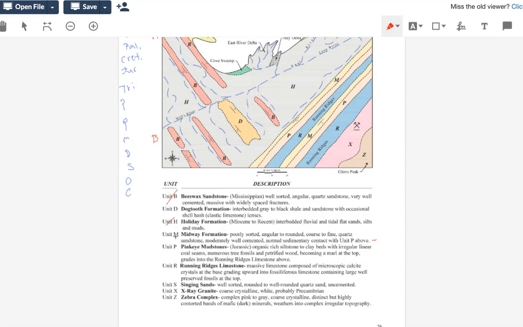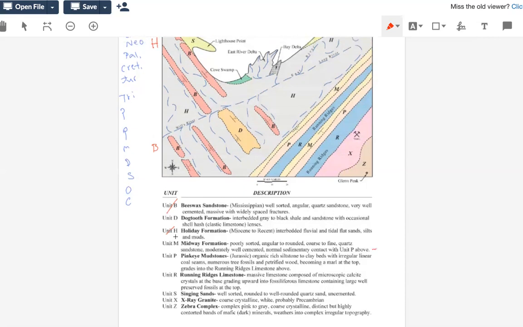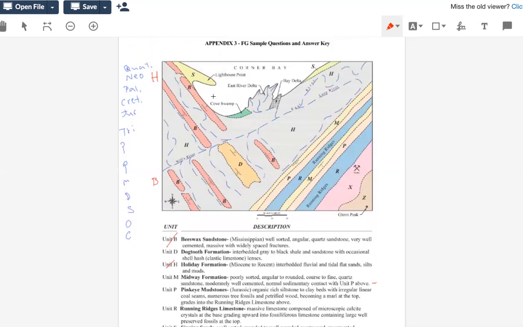All right. So let's go ahead and read P. Okay, so they give me an age for P. Okay, so they say that's Jurassic. So okay, cool. So I can work with that. So P is here, and I'll mark that off. And this is the P above. So I don't know for certain that M is Triassic, but this is just the space I have.